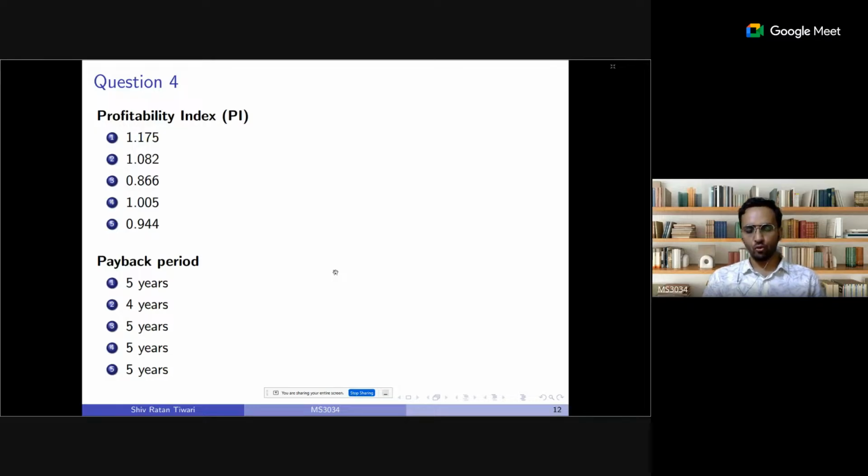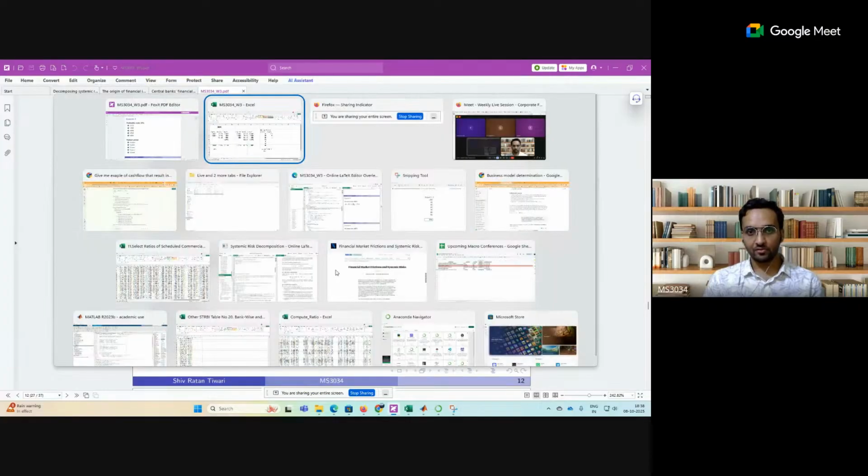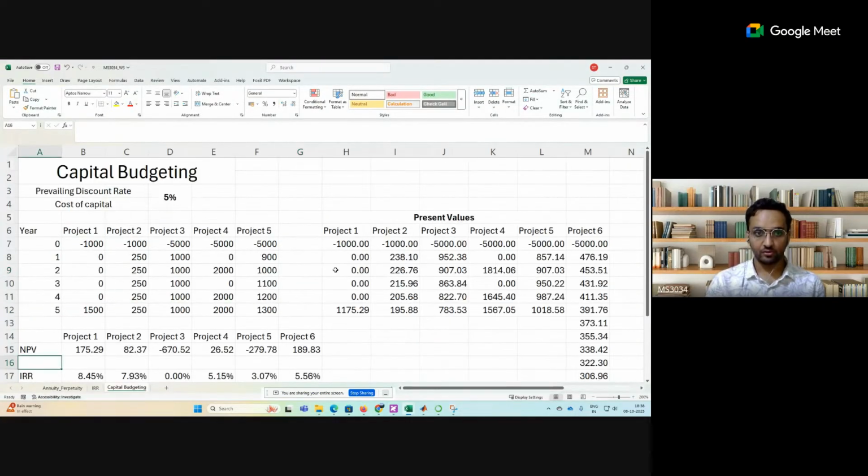And we can do all these calculations in Microsoft Excel also, and let me show those calculations. For example, these are the 5 projects. Due to the paucity of space, I have only given you these 5 projects, but in Excel I have included one more project.